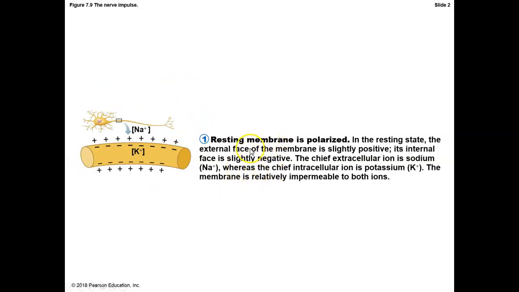We start with this resting membrane is polarized, so it has a difference in charge. Outside is charged by the positive ions, inside is charged by the proteins and the negative ions, but we do have a lot of sodium outside and we have a lot of potassium inside.